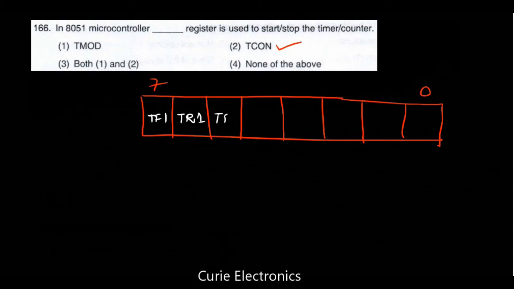Again timer 0 overflow indicator, then TR0 to start timer 0, then interrupt enable for timer 1, then IT1 interrupt 1, IE0, interrupt enable for timer 0 and IT0.